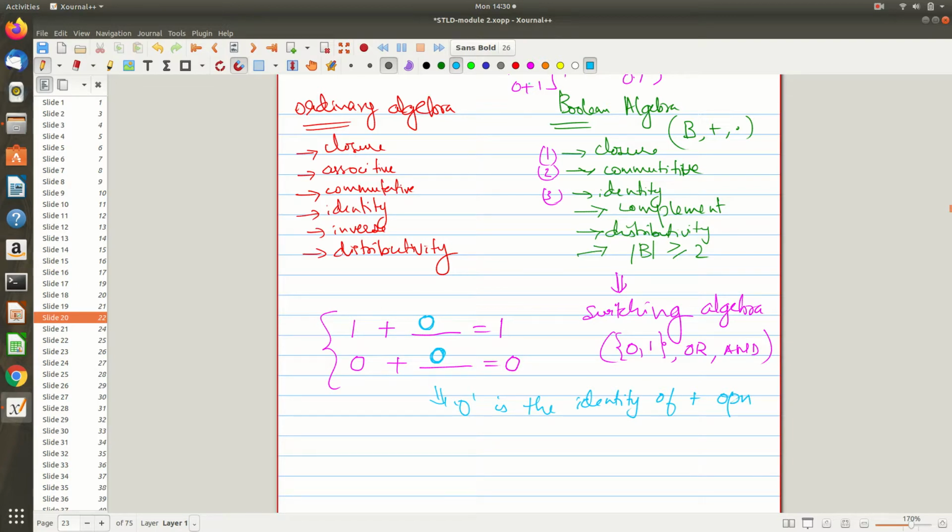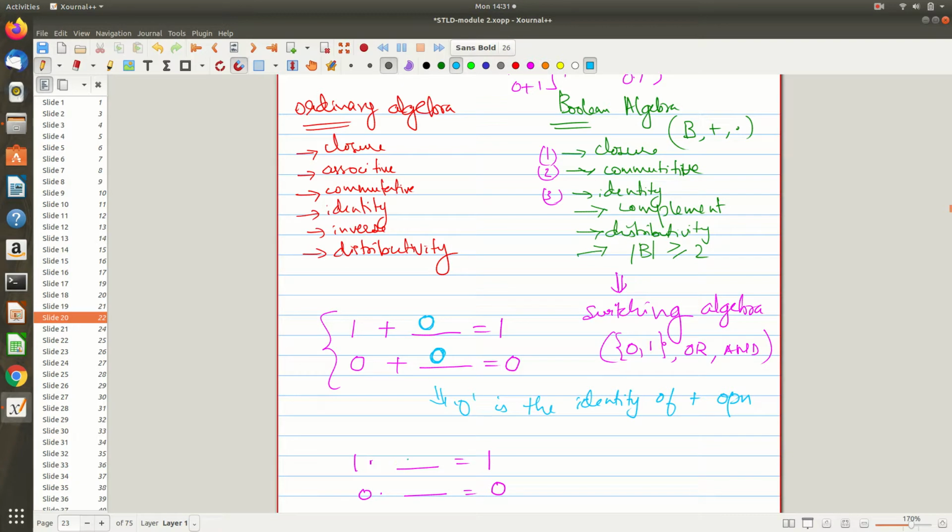Now similarly, tell me what is the identity element of the dot operator. The requirement is that 1 dot something gives you 1, and similarly 0 dot something gives you 0. I just need the same element, something common I have to fix here. I have just 2 choices, either 0 or 1. If I put 0 here, 1 dot 0 will give you 0, so this will be false.